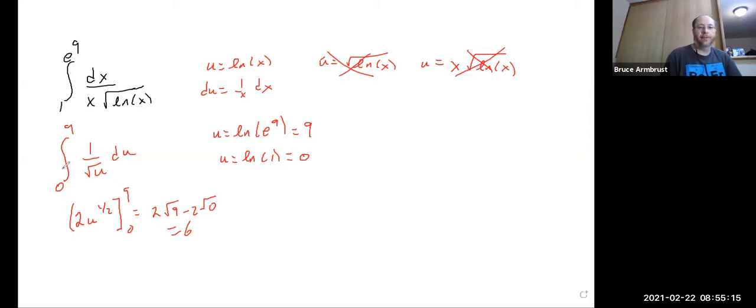I'm a big fan of just changing the bounds while I'm doing my u substitution. But if you would prefer, you can turn this back into x's with the original bounds. You'll end up with the same value. And this is a good example of what I was just talking about with the absolute value stuff.